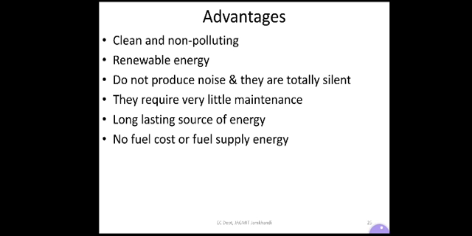You might have observed solar water heaters in domestic use, and based on that you can assume other applications too. As the only source required is sunlight, there is no question of any pollution here.